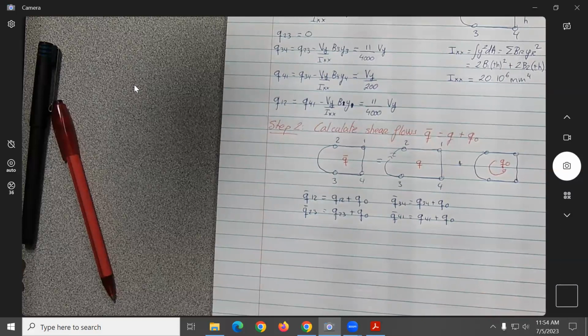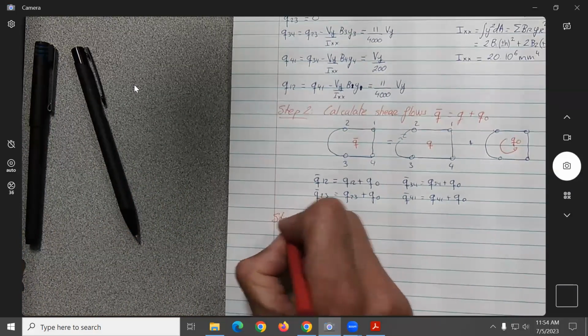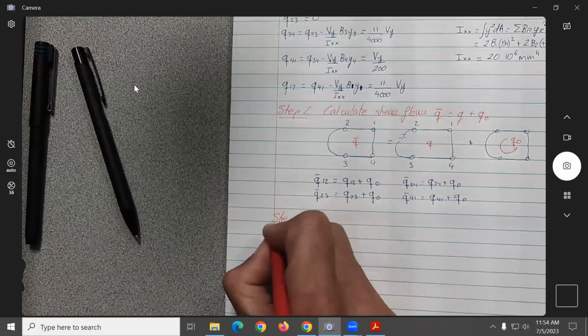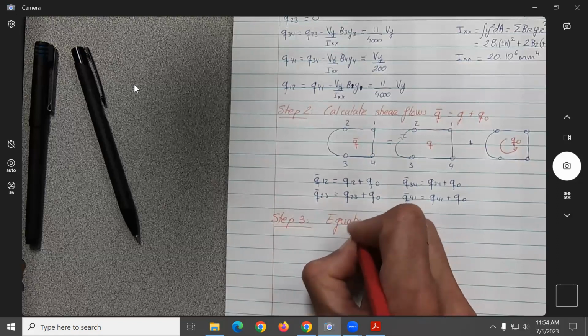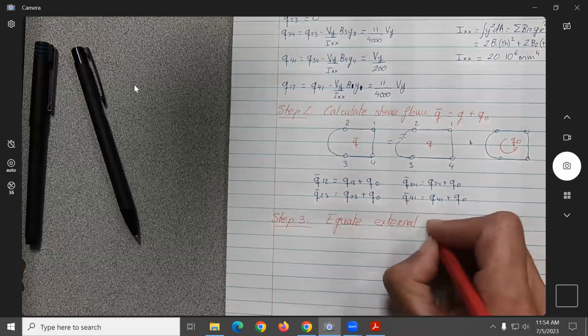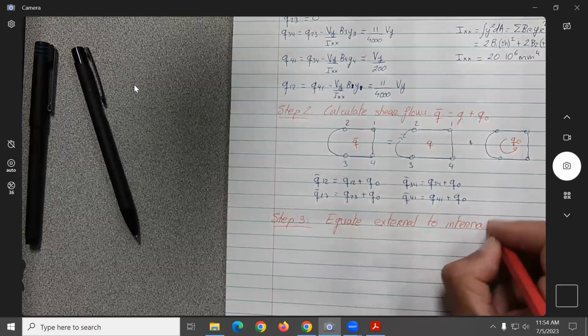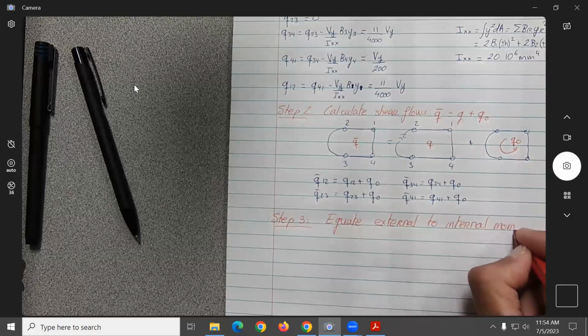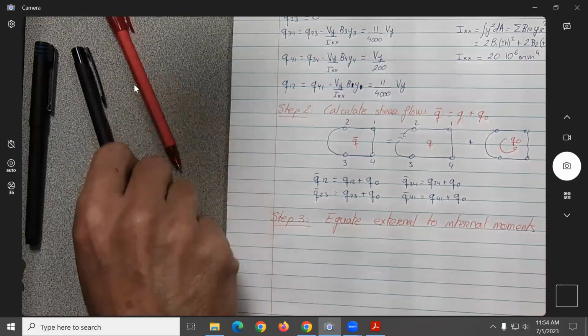Okay, here maybe I would recommend, I mean, we can leave it this way. What is the step 3 that we did? Okay, so equate external to internal moments.